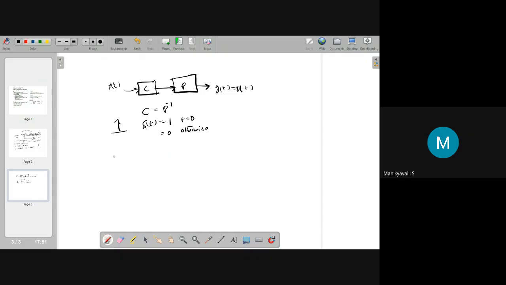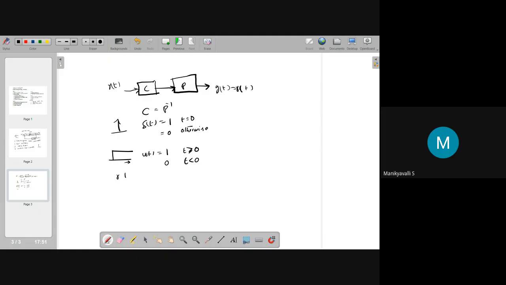And the unit step, u(t) = 1 for t greater than or equal to 0 and 0 for t less than 0.